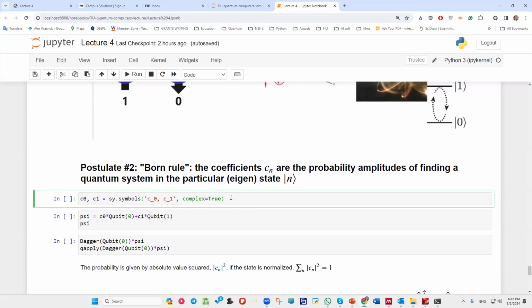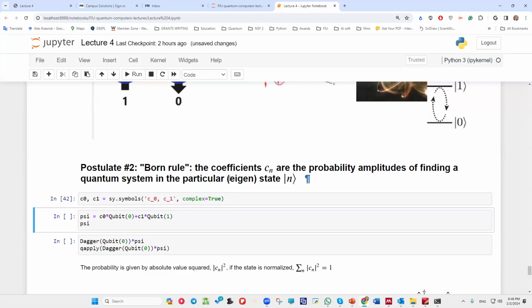So here I show how to introduce these coefficients C sub 0, C sub 1 by using SymPy symbols. And here I specifically indicate that these coefficients are complex valued.